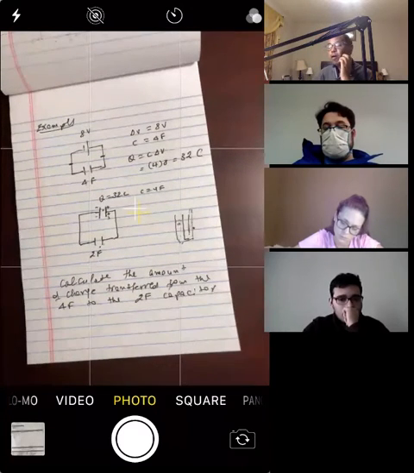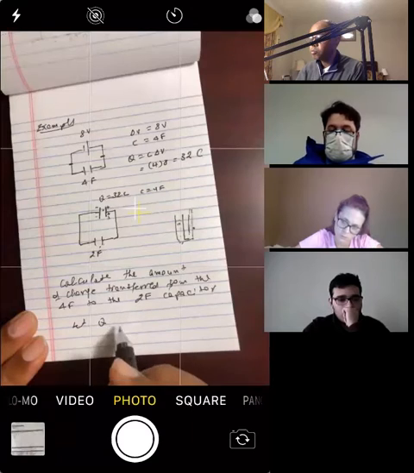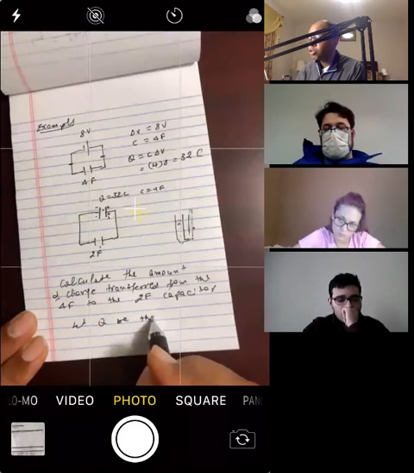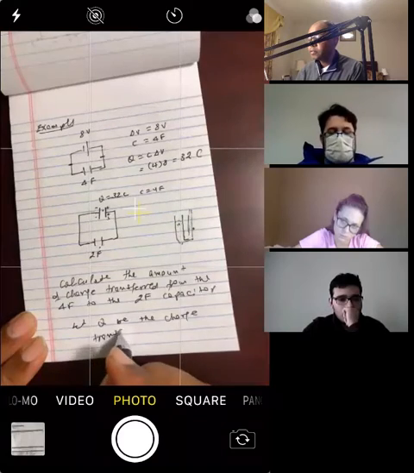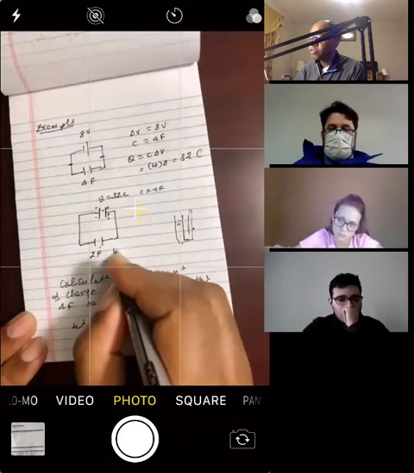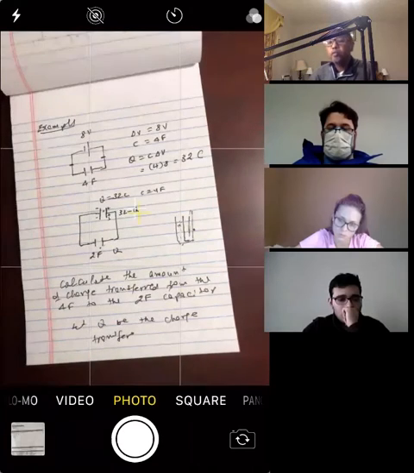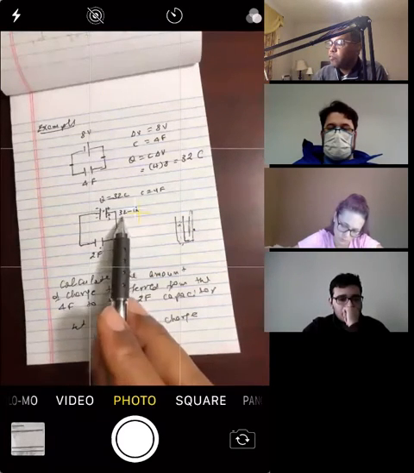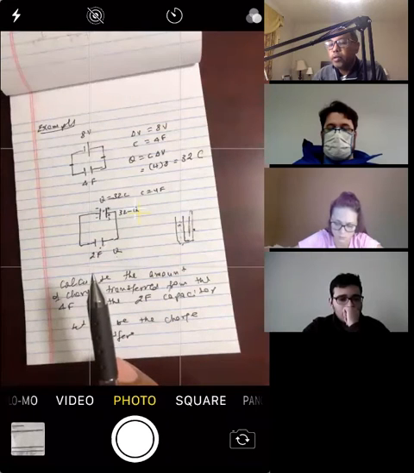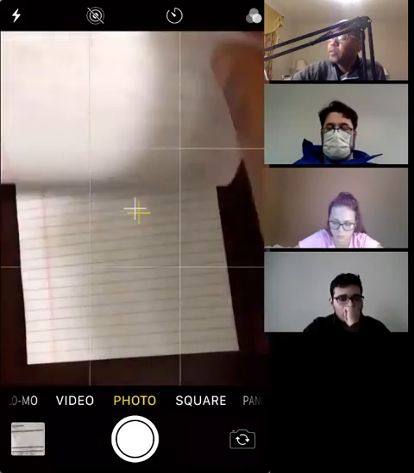Now let Q be the charge transferred. So that means this will have a charge of Q, and this will have a charge of 32 minus Q. If a charge of Q is transferred, this is going to have a charge of Q, and this will have 32 minus Q. Now charges will be transferred until both capacitors have the same potential difference.